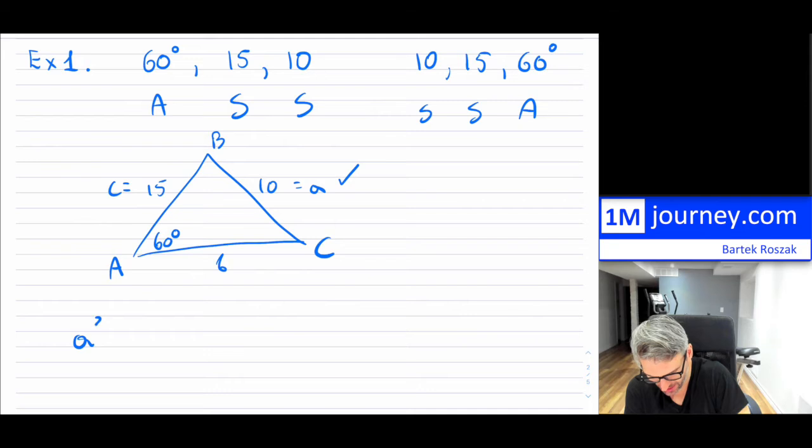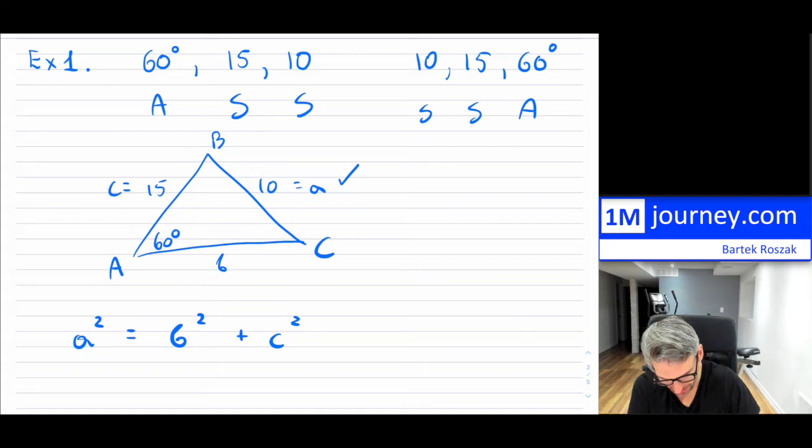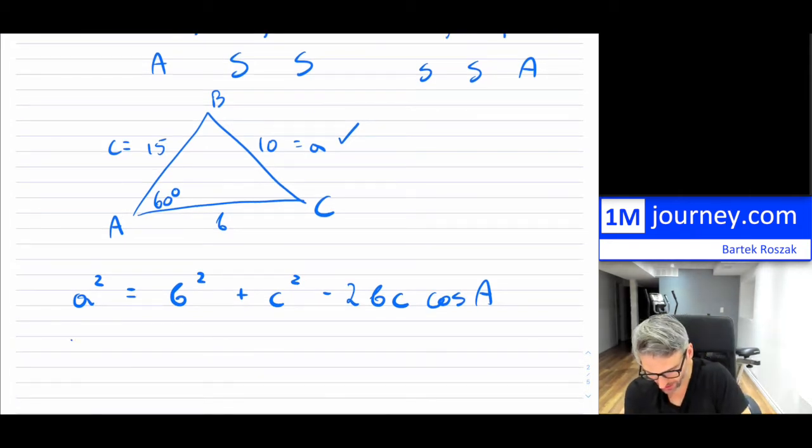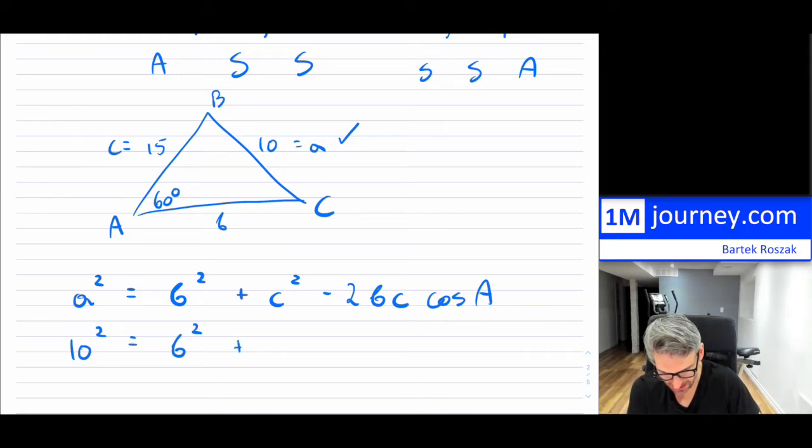So if I go a squared is equal to, I'm just rewriting the cosine law: b squared plus c squared minus 2bc times the cos of the angle A. So if I plug in the information that's given, 10 squared equals b squared, I don't know what b is, and that's where the quadratic will come in, plus 15 squared, minus 2, and now b we don't know.